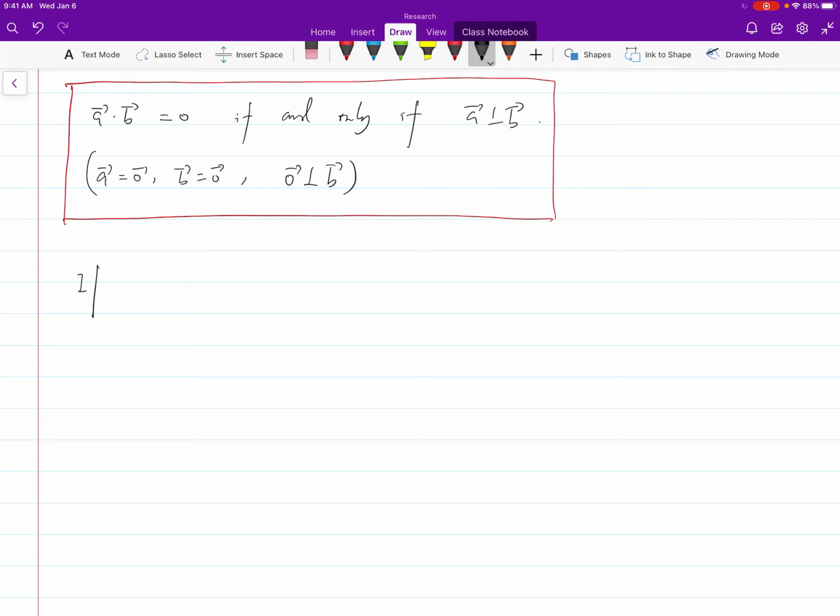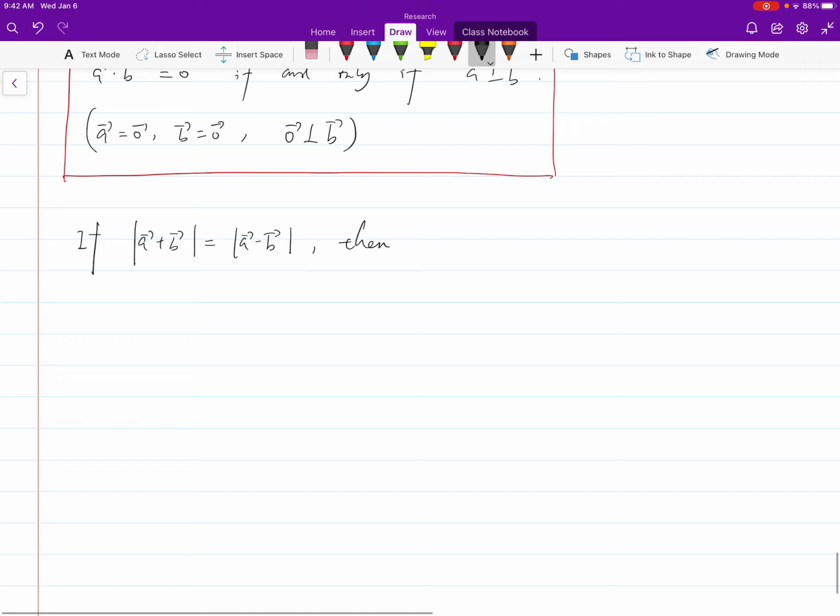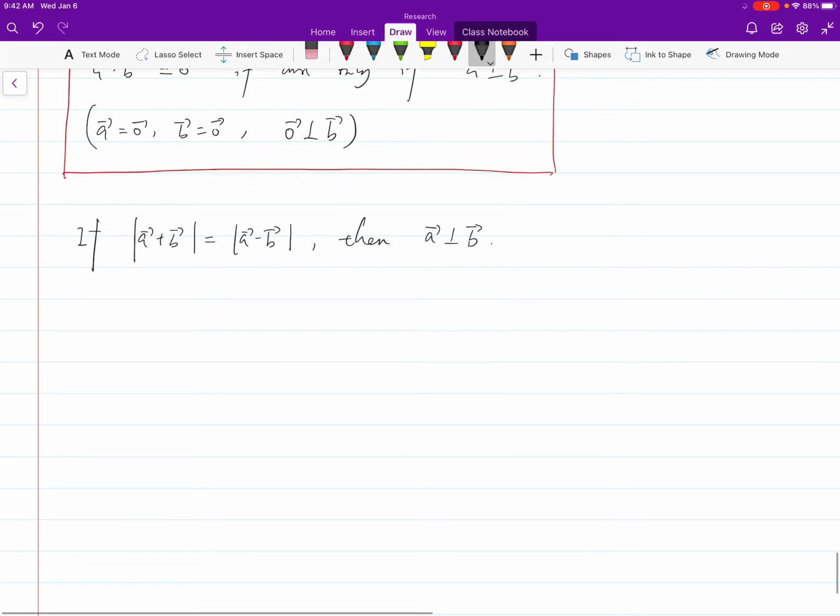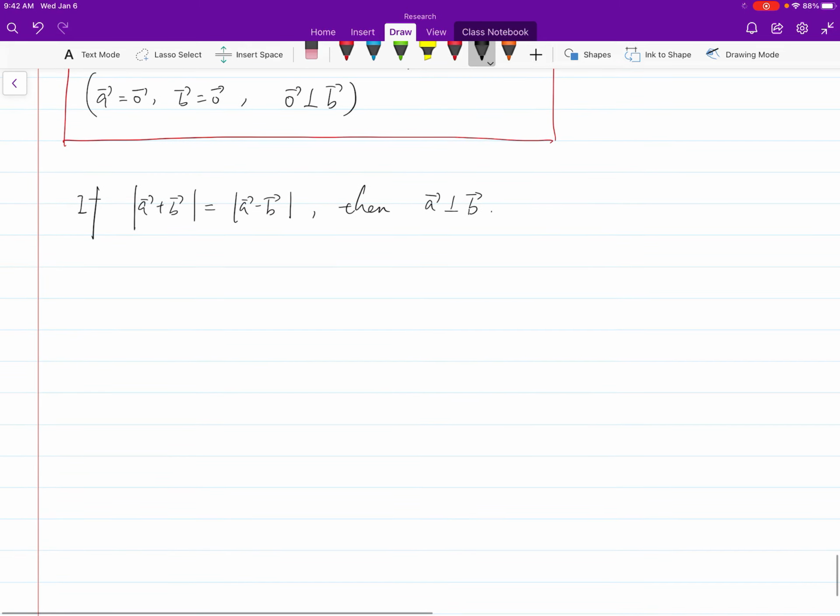Now, I think everybody has seen these examples before in geometry. That is, if a parallelogram, and let's not do that. Say, if the magnitude of A plus B equals the magnitude of A minus B, then A is perpendicular to B. Let's try to prove this.